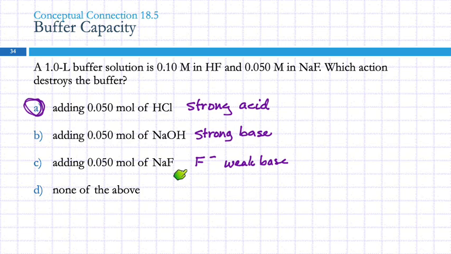No, it won't. It'll make it better, actually, because we're kind of short on this. This would be better if it was 0.1. So if we add another 0.05 moles of NaF, then we would get equal concentrations, and the buffer would actually be better. Any questions?